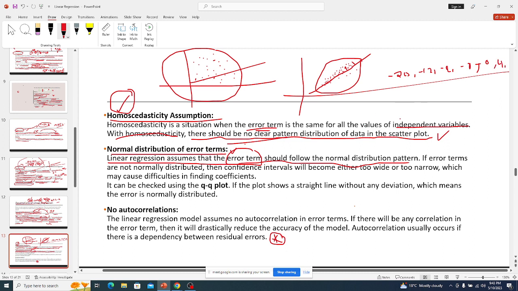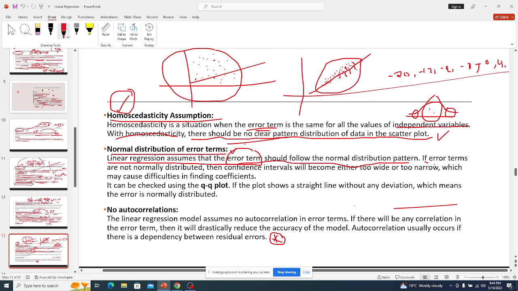So we are taught that these error terms, the distance between the data points and the regression line, should follow a normal distribution. For example, the majority of error terms will lie in the area of small values, and then a few will be extreme, large values.